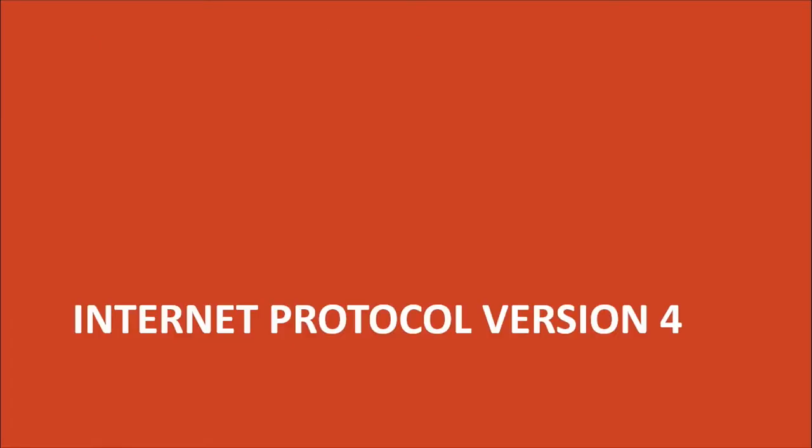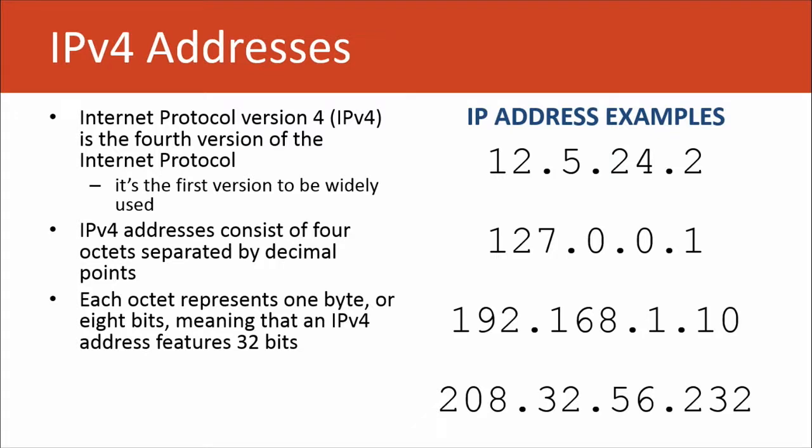All right, so let's talk a little more about IPv4. This is the fourth version, that's why it says v4. It's the first version of the IP protocol to be widely used. IP addresses consist of 4 octets. We touched on this briefly in a previous presentation, but it's super important to know.